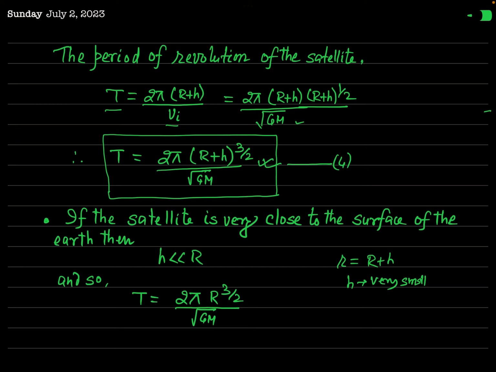Here h is very small, meaning h is much smaller than r. That is, the height of the orbit of the satellite is much smaller than the radius of the earth.